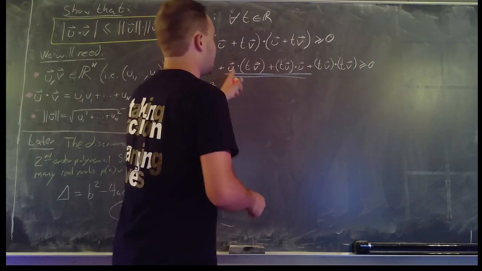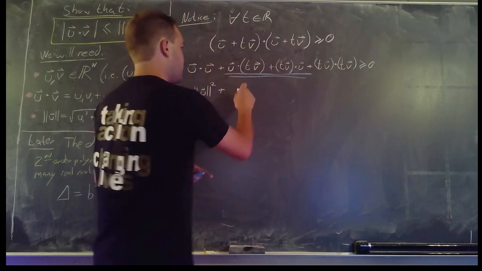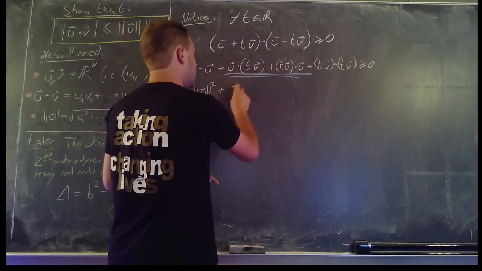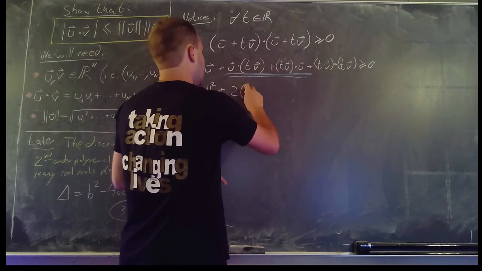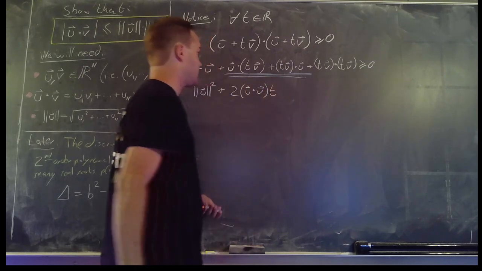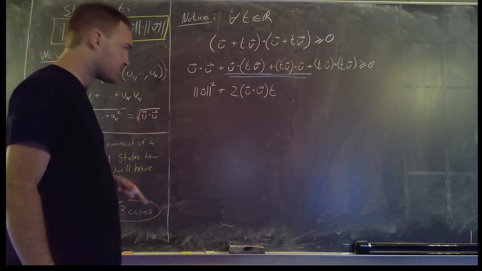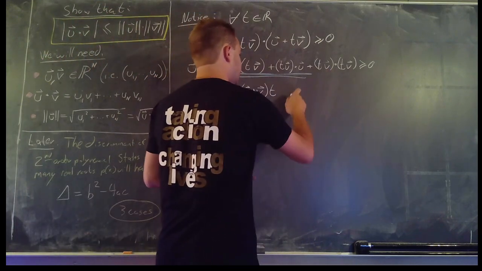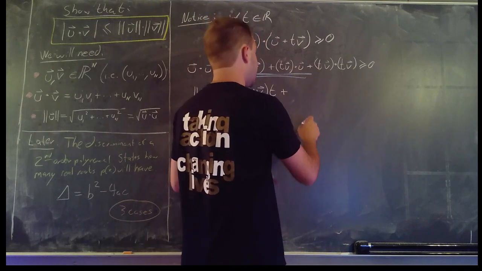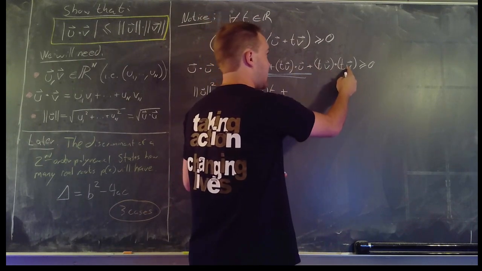So here I can add these two terms together, and I'm going to do a little bit of rearranging too. What I've got here is 2 u dotted with v times t. And lastly, there are 2 t's being multiplied together, and then we have v dotted with v.